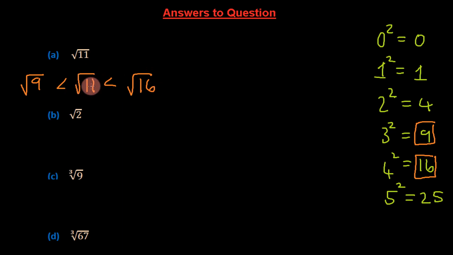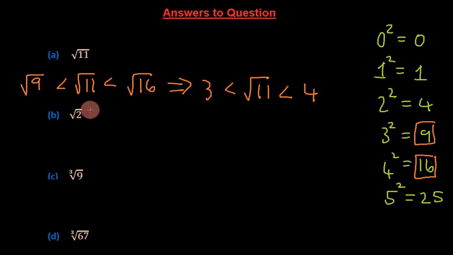So the square root of 11 is greater than the square root of 9, but less than the square root of 16. The square root of 9 is 3, and the square root of 16 is 4. So now we've answered the question. The irrational number, the square root of 11, lies between these two whole numbers, 3 and 4.